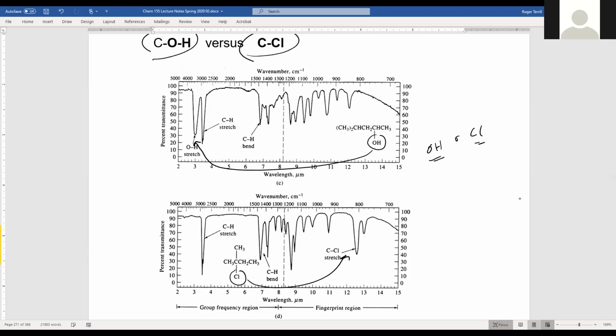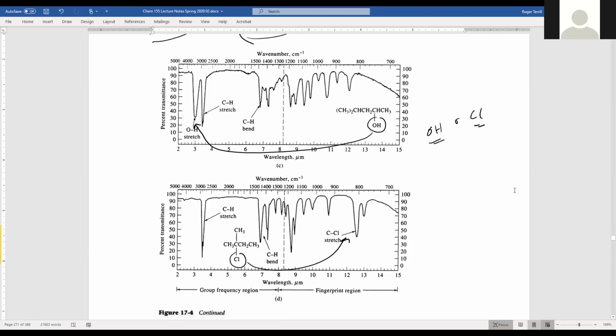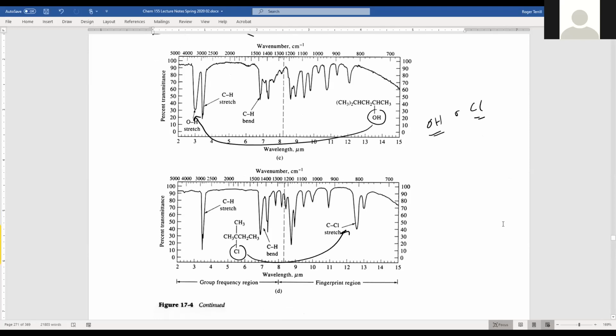Now, unfortunately, the Cl group shows up in what is called the fingerprint region, whereas the OH falls in the group frequency region.